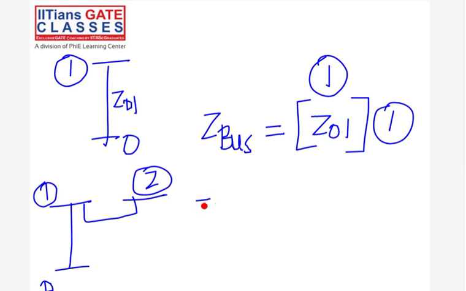So Z bus, now we have a new element. So the Z bus would be Z01. Then this new element is getting connected to node number 1. So we will repeat whatever is there.